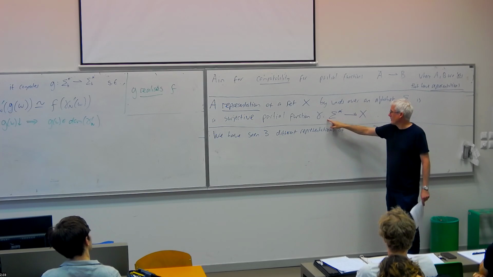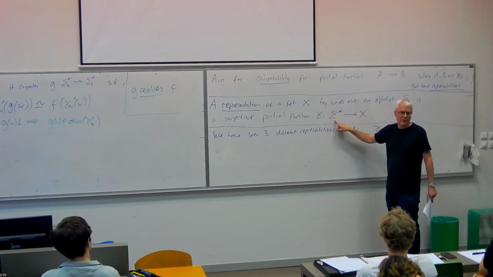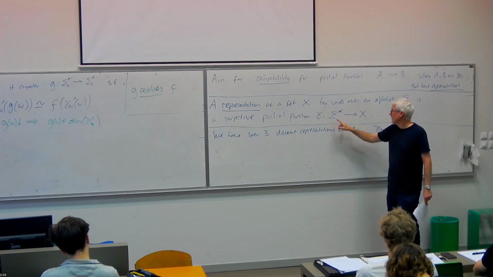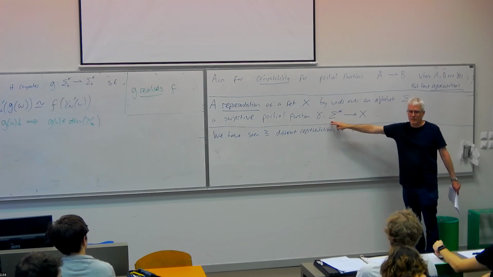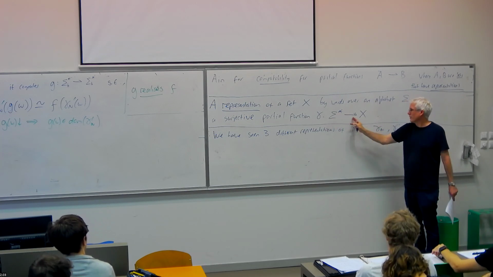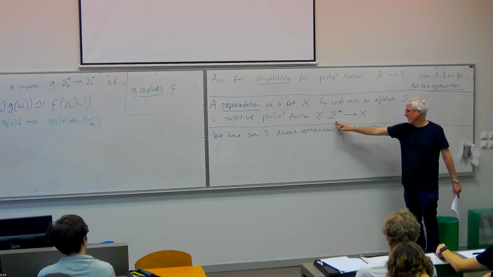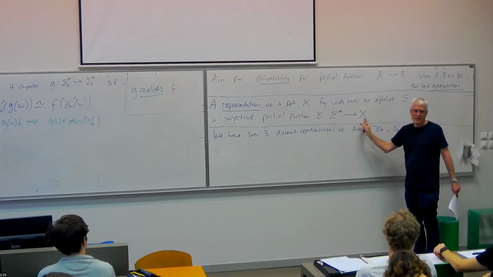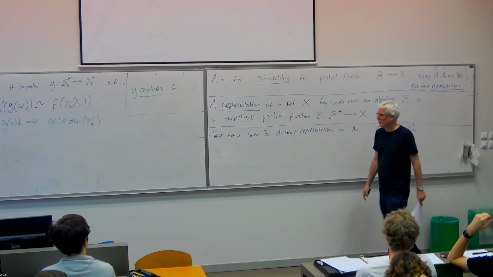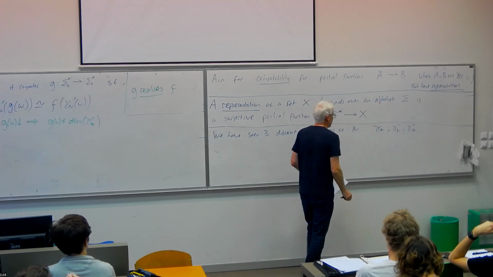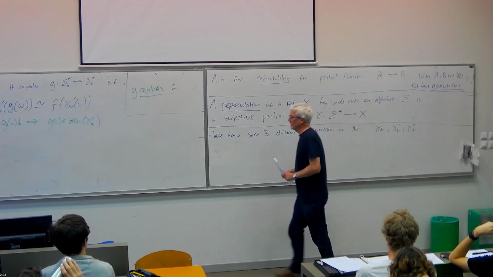For those who know about it, what is the cardinality of the set of words over a finite alphabet? It's countable. It's always a countably infinite set for a non-empty alphabet. So we've got a surjection from a countable set to the set X. We can only represent countable sets. Okay, so only countable sets can have representations.